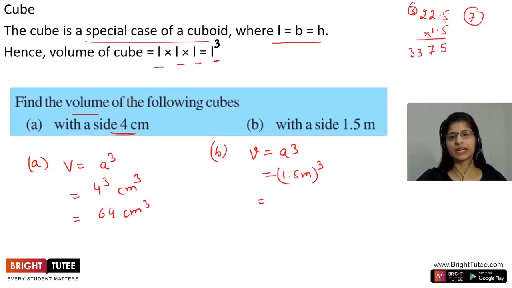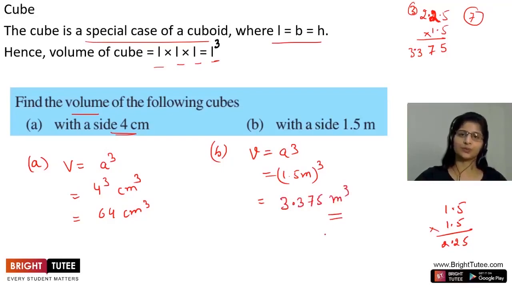So we get 225 when we multiply 1.5 into 1.5. So the answer is 2.25, not 22.5. It is 2.25. Okay, and when we multiply, we will get 3.375 cubic meter. This would be the volume.